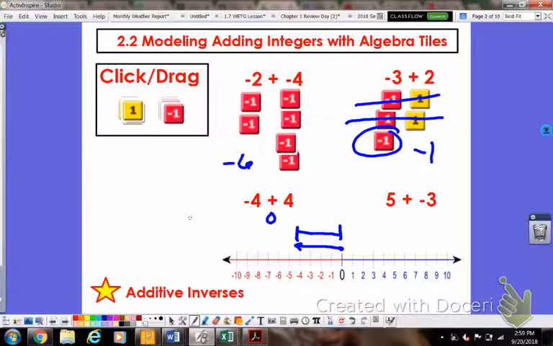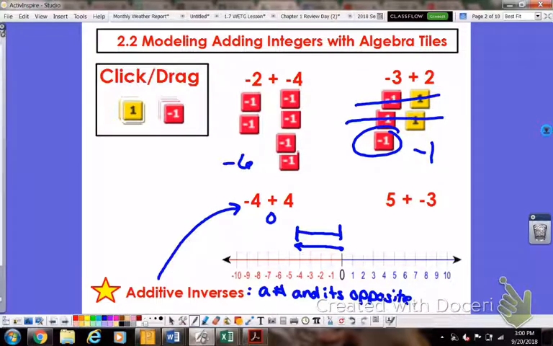Remember, this was an example of an additive inverse. Your additive inverse was a number and its opposite. So a number and its opposite. When we add them together, then we do get 0.